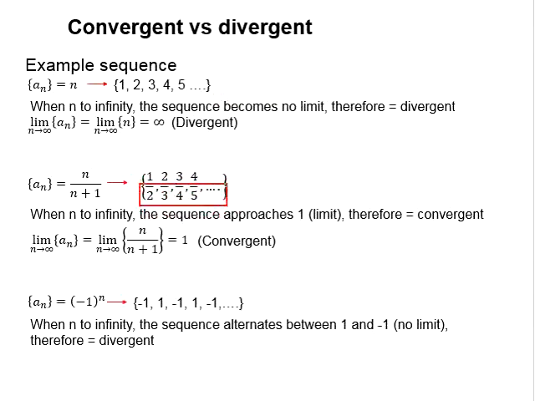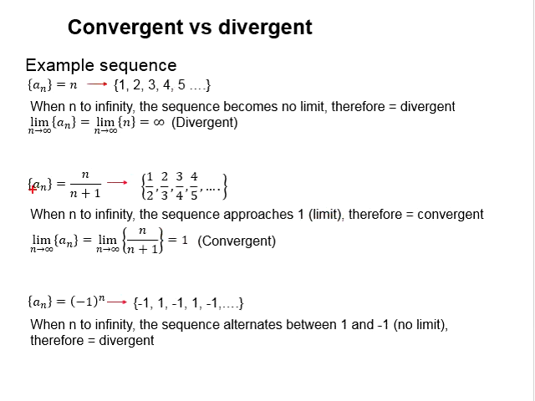Imagine this becoming infinity. Infinity plus 1 is almost the same as infinity. That gives you a situation where it is close to 1.0, and this 1.0 is the limit of the sequence.